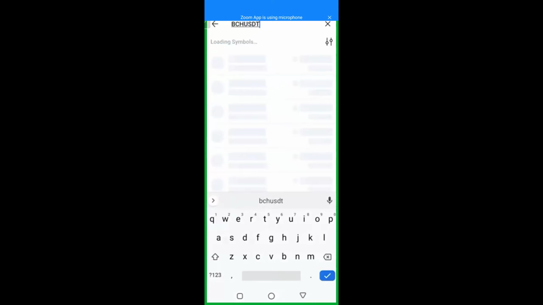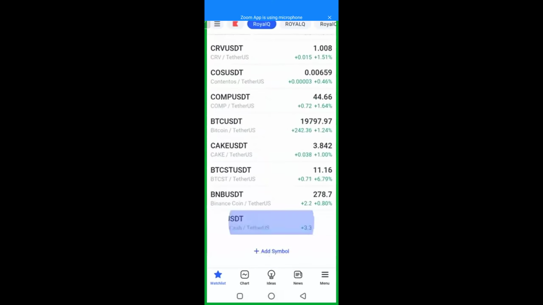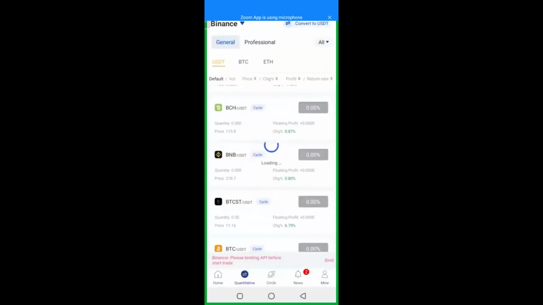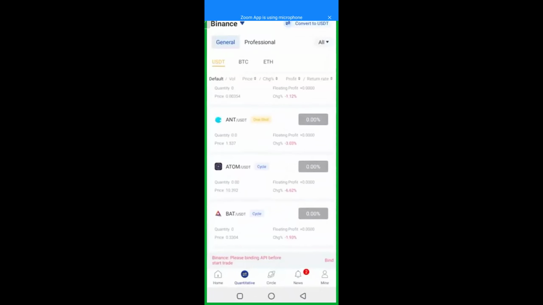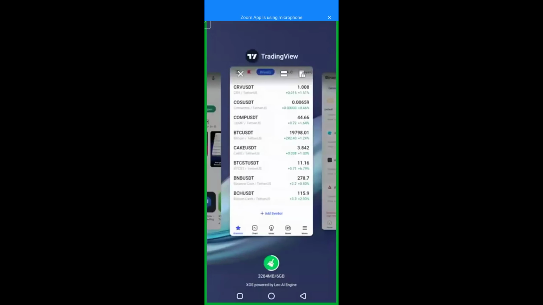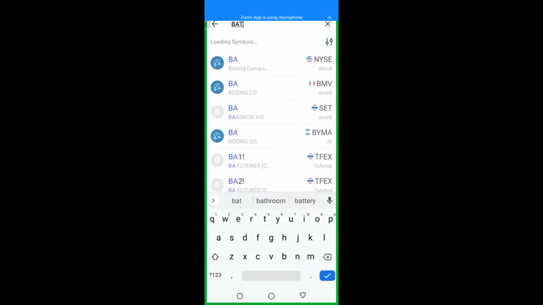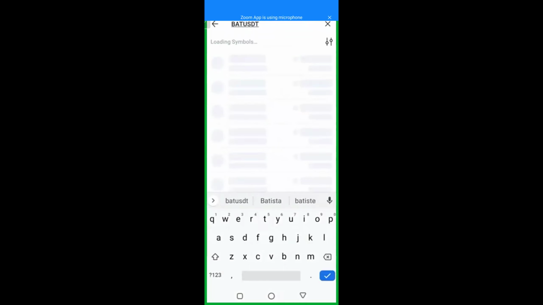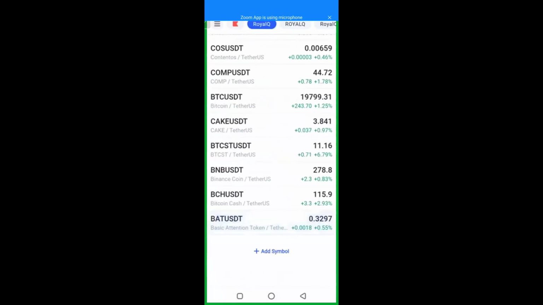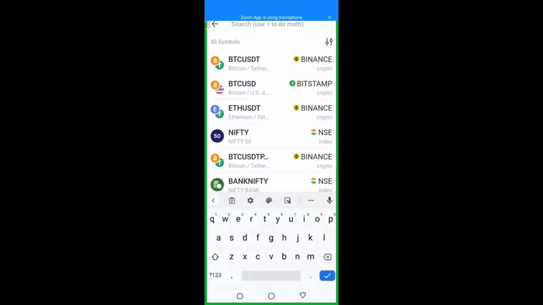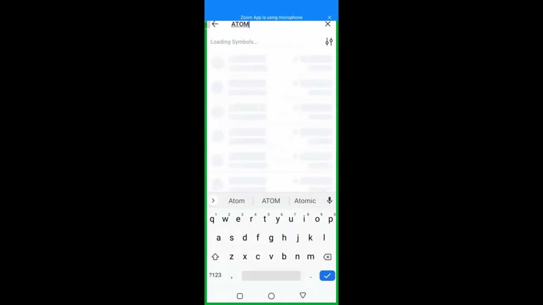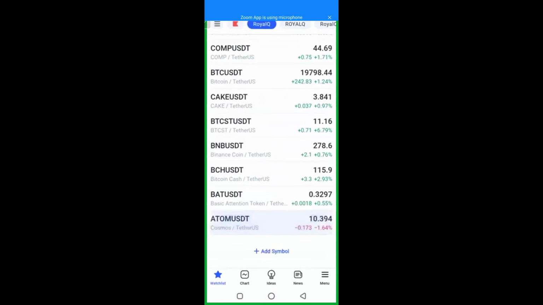We are still creating our watch list. We're a little bit slow, but we are still on the main thing. We have BAT, Atom, and Ant. So we start with BAT USDT. Then we go to Atom USDT. Okay, then we have Ant USDT.